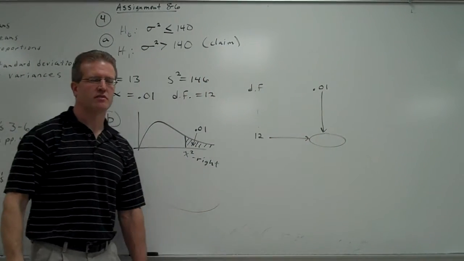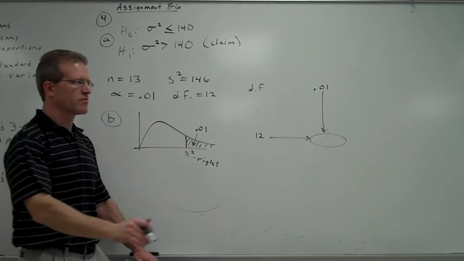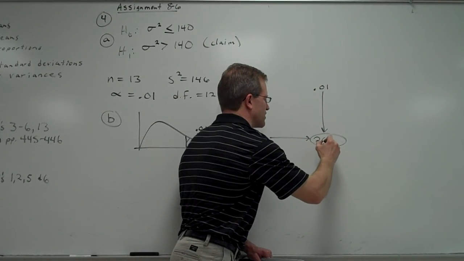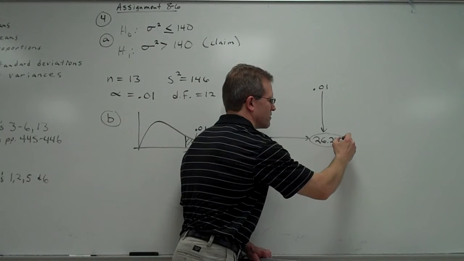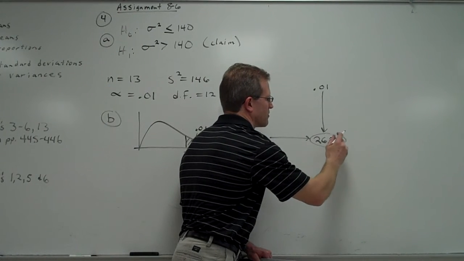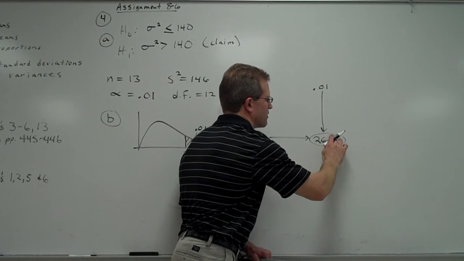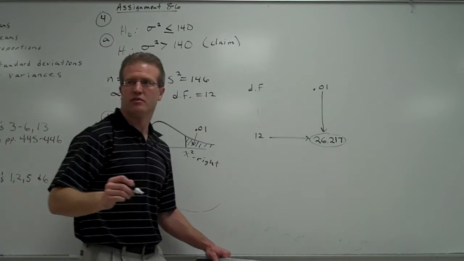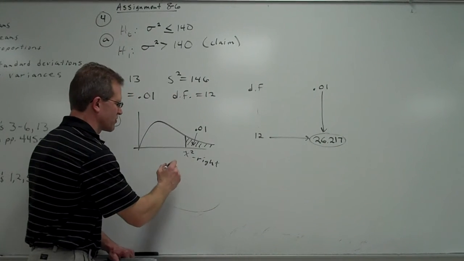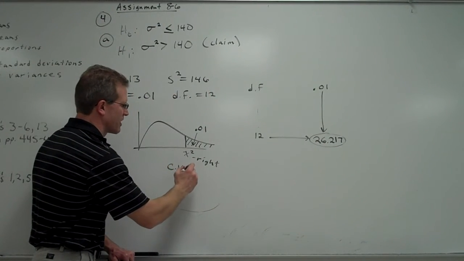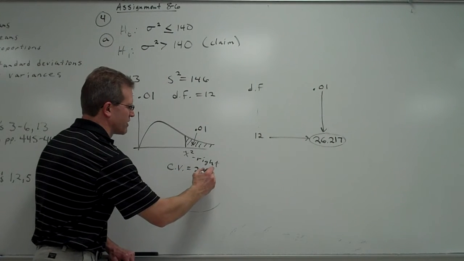What number does that give you? 26.217. Do others agree with that? Okay, so that's your critical value, your chi-squared right of 26.217.